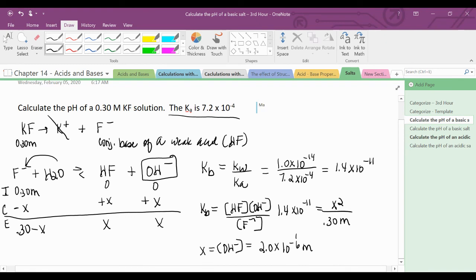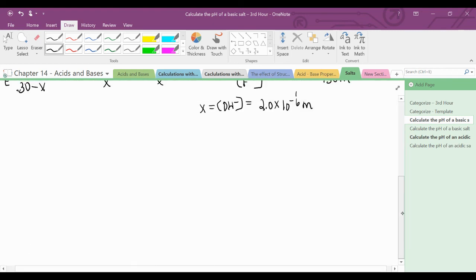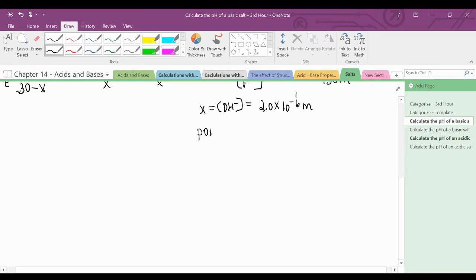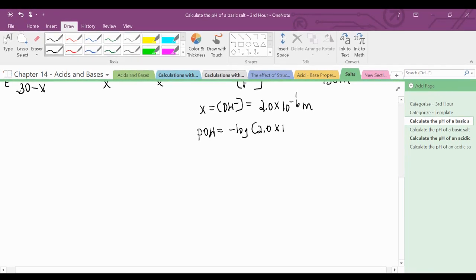And you're actually going to need to find pH. So we're going to use the steps that we've used earlier in the chapter. So I'm going to choose to find the pOH first. So I'm going to take the negative log of 2 times 10 to the negative 6.